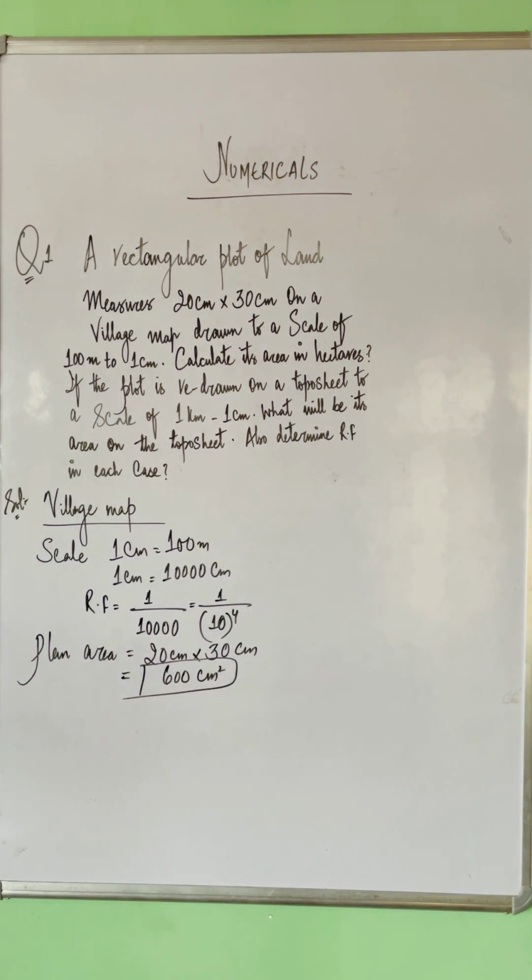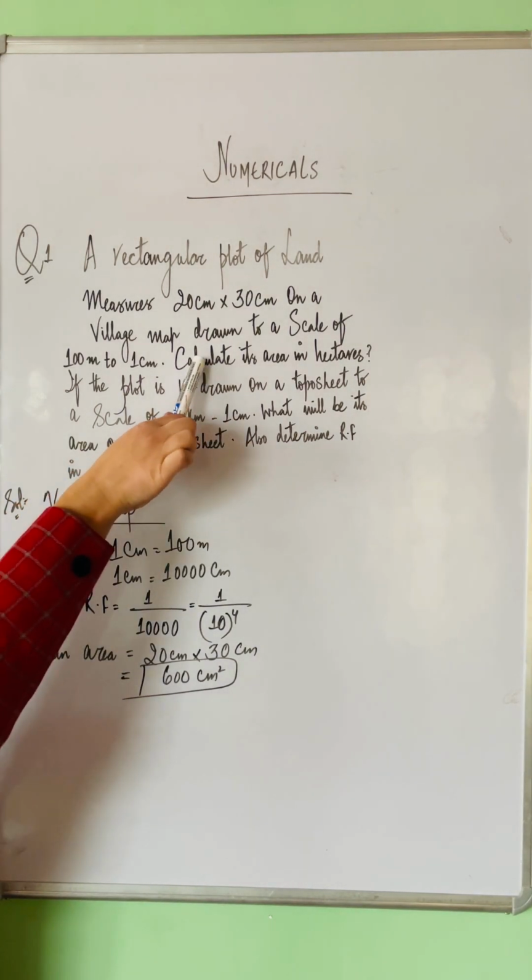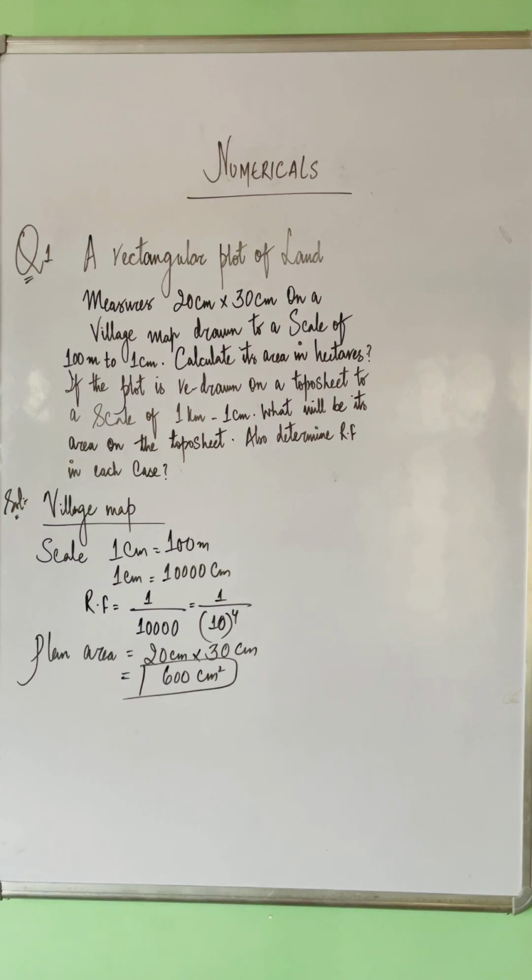This is the area of that rectangular plot of land on the village map, which has been drawn on a scale of 1 centimeter is equal to 100 meters, right? Now, what does the question say? It says calculate its area in hectares. That means we have to calculate the area of this rectangular plot of land in hectares and on ground. What will be its area on ground? And we have to report the answer in hectares.